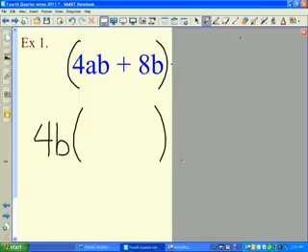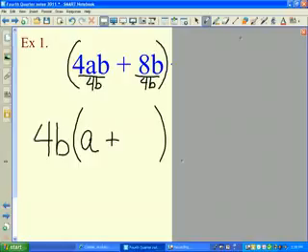So for the 4b, we're going to do what we've just done before, is I'm going to take that greatest common factor and I'm going to divide it by each term. So now from here, I have 4 divided by 4, which is 1. I don't have to put the 1 down, but I have my a, and my b divided by my b will give me 1 as well.